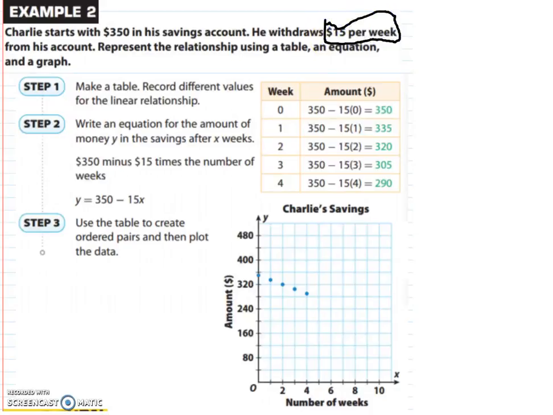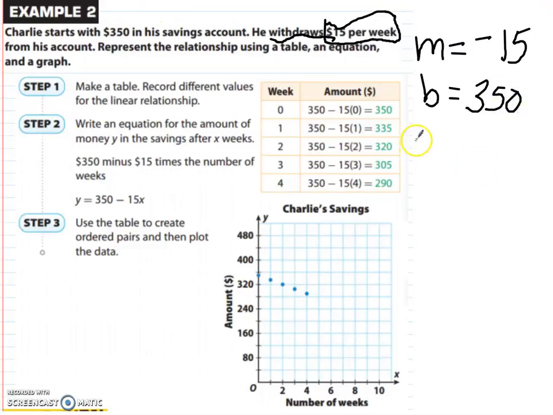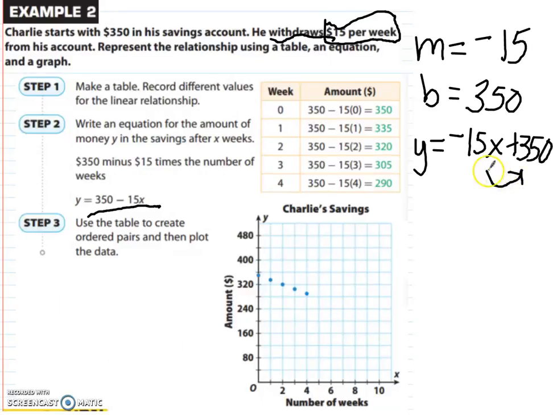The constant rate of change is $15 per week, but since it has the vocabulary word withdraw, that's negative 15. b is the initial value. We start with 350. So if I'm going to write the equation y equals mx plus b, it could be negative 15x plus 350. Or another way to write this is 350 minus 15x. It is the same thing, it's just these two are reversed.